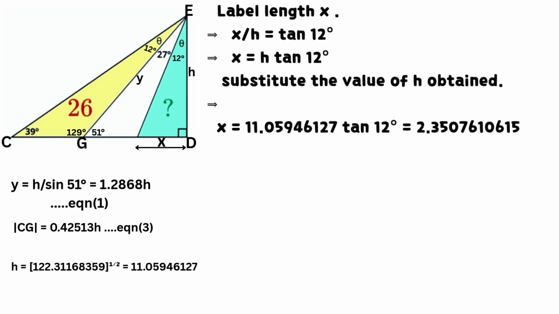It follows that x equals 11.05946127 times tan 12 degrees, which equals 2.35076100615.